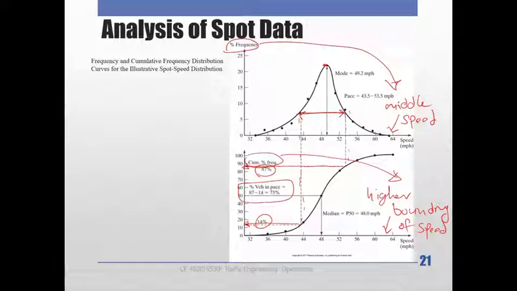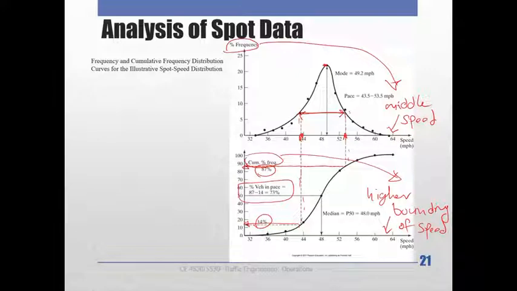So 73% of my vehicles are within a speed of this value and this value, which looks like 43 something miles per hour to 53 miles per hour.